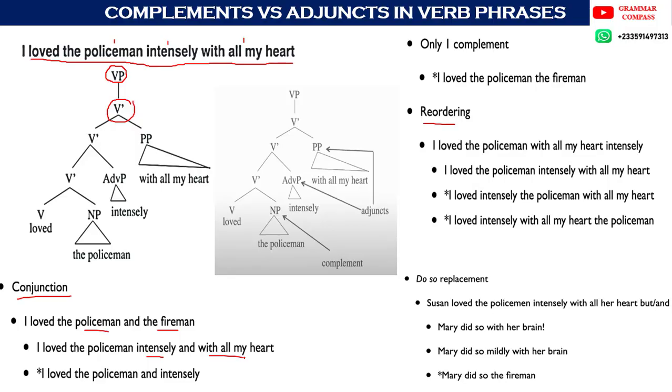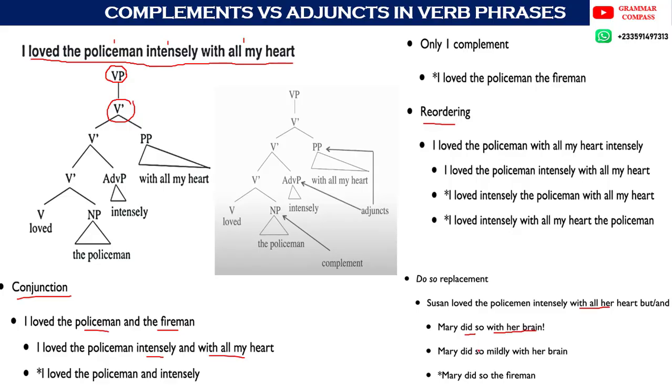The last test is the do so replacement. We can also use this test to determine which one is an adjunct and which one is a complement. For example, you can say that Susan loved the policeman intensely with all her heart, but Mary did so with her brain. This means that with her brain is an adjunct, because we can use did so to replace loved, which is the head word.